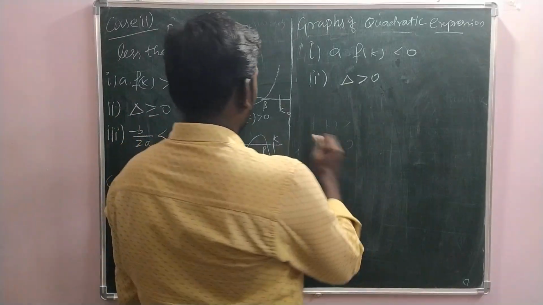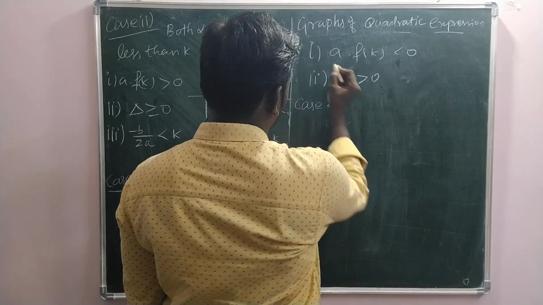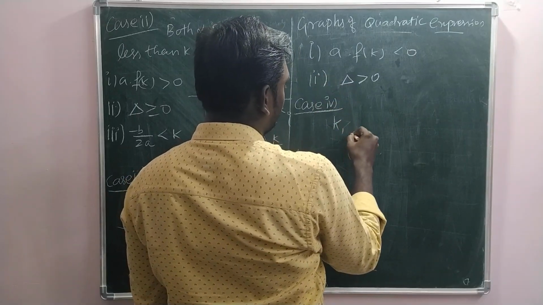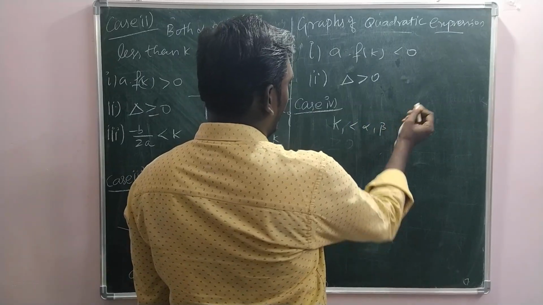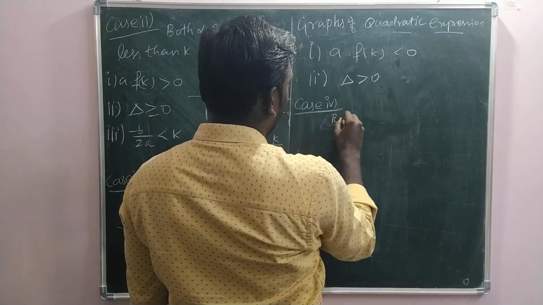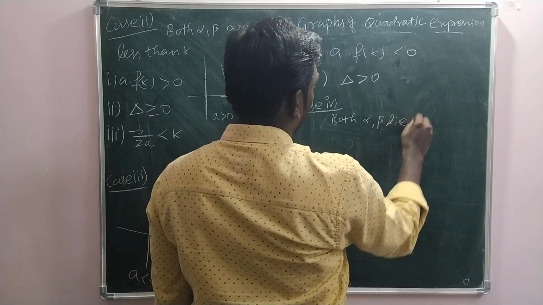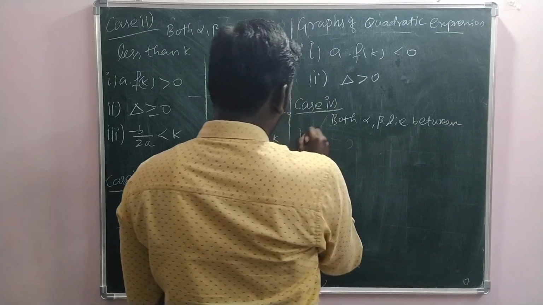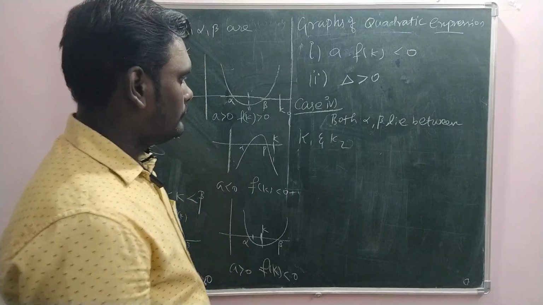Okay. And then case 4. There are k1 and k2, and both alpha beta lie between k1 and k2.